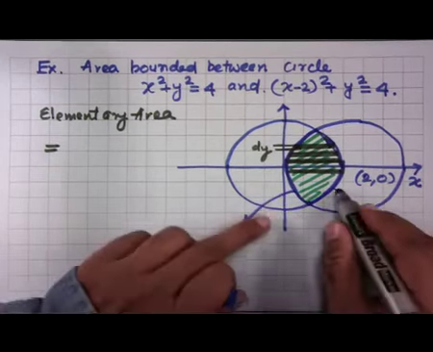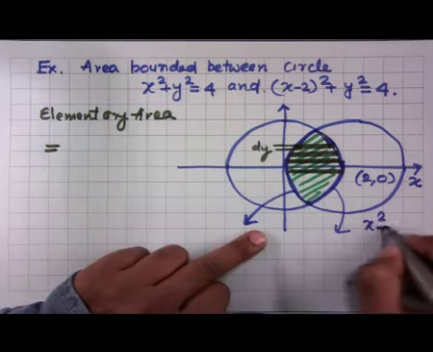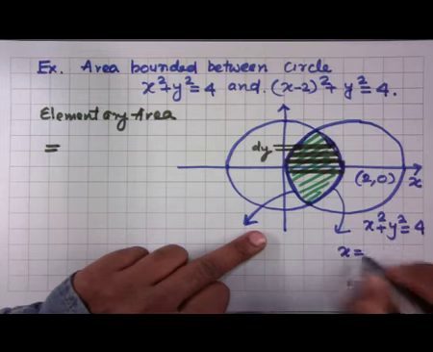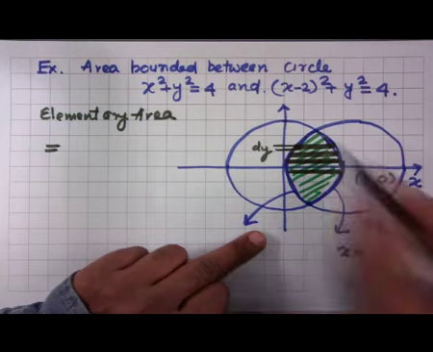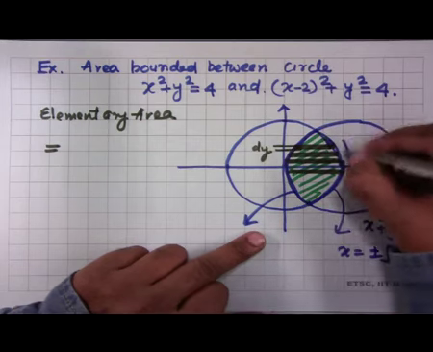So, for the equation of this portion, if you solve x square plus y square equals to 4, you get x as plus minus under root 4 minus y square. So, the equation of this will be under root 4 minus y square.